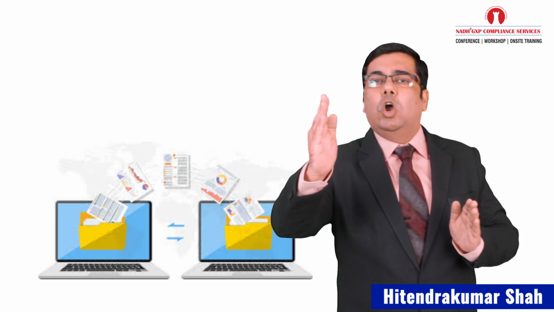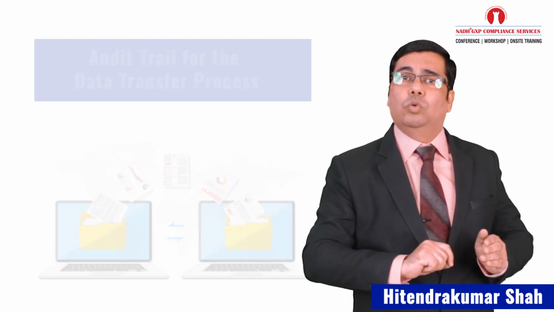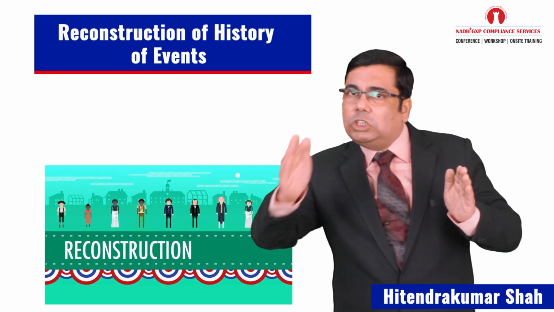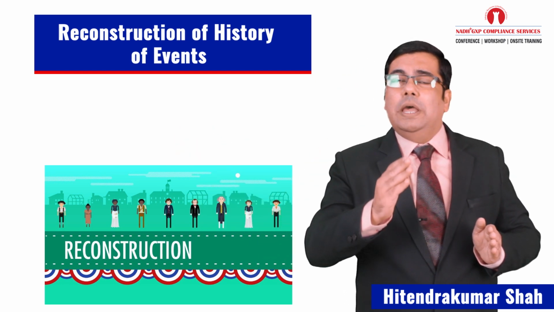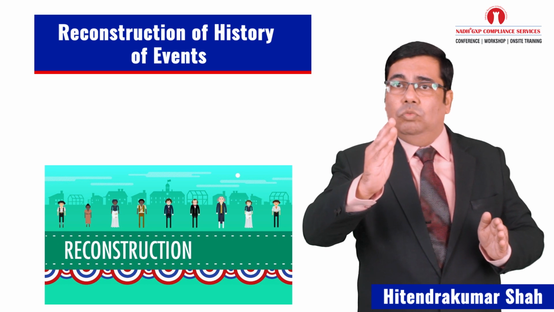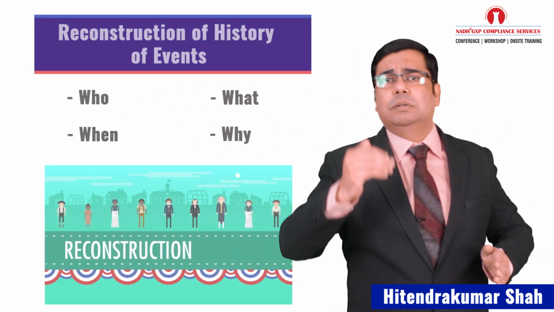The data during transfer to the worksheet or other application should not be altered. There should be an audit trail for this data transfer process also. An audit trail facilitates the reconstruction of the history of such events relating to the record regardless of medium, which includes who, what, when and why of the action.